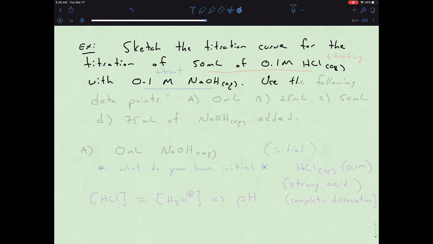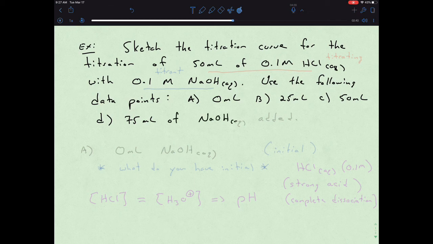And we want to use the following data points. Part A would be 0 milliliters, part B 25 milliliters, part C 50 milliliters, and then part D 75 milliliters of sodium hydroxide that has been added.